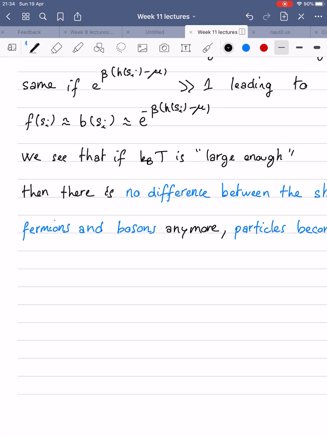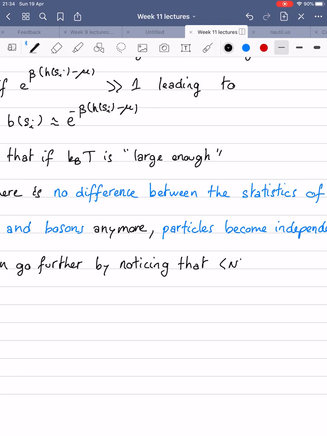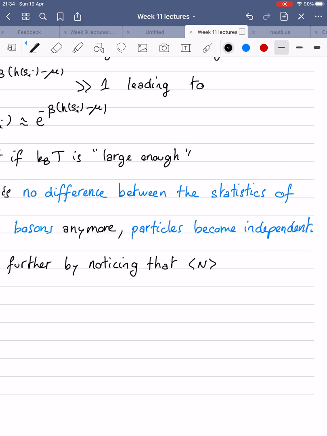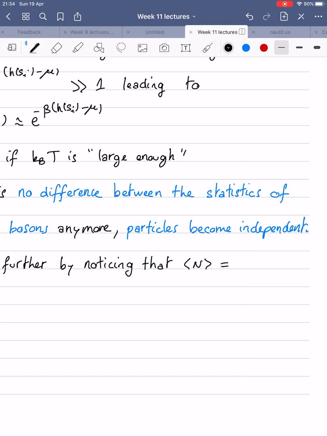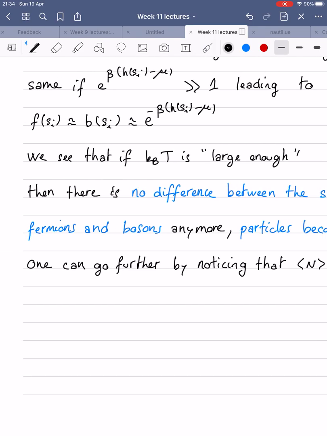So first of all, I will formalize what that means. We can go further, and that's to make a connection with some of the things we've seen before, by noticing that N, the total number of particles, is equal, in the grand canonical ensemble, to q exponential βμ, for an ideal gas.